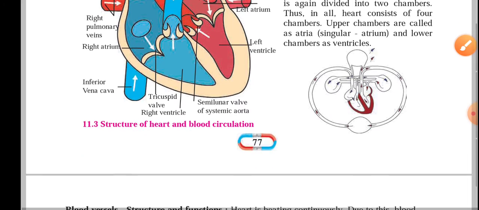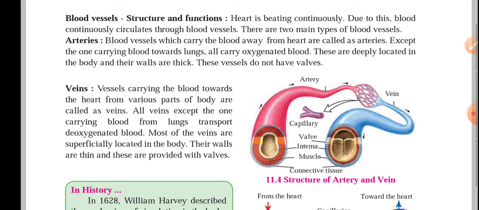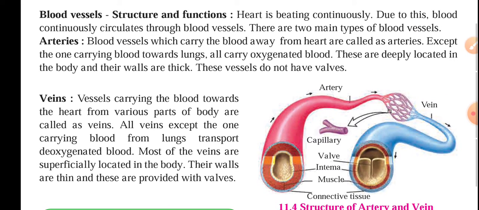Now the further part is blood vessels, because when we talk about this flow of the blood, from the body to the heart, heart to the lungs, lungs to the heart again, then heart to the entire body, and then again the cycle goes on. And the one thing I have to add over here is that the circulatory system in the human body is a double circulation system, because to complete one cycle, blood comes 2 times to the heart.